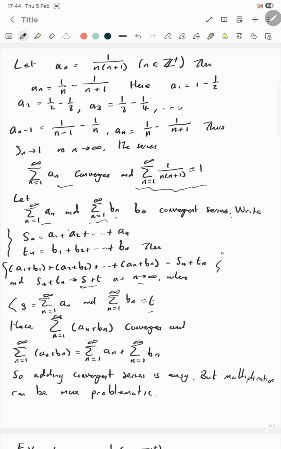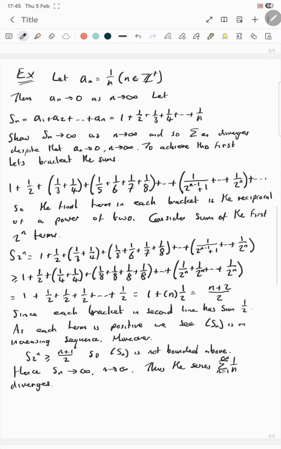Hence the sum of our sums, a plus b, converges, so adding convergent series is easy, but multiplication can be more problematic.